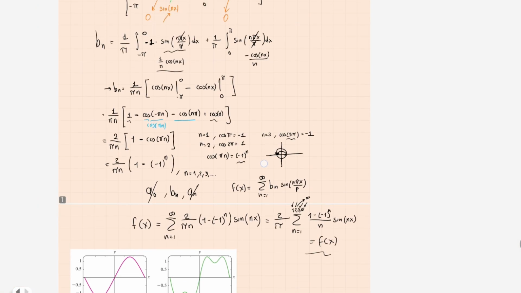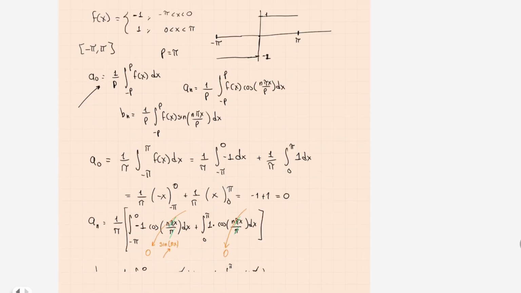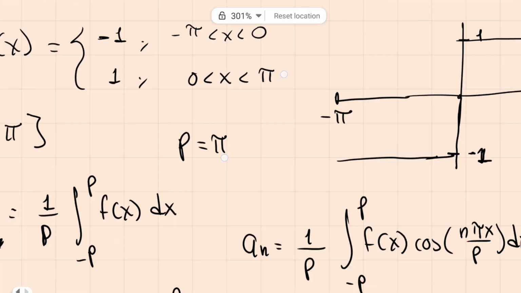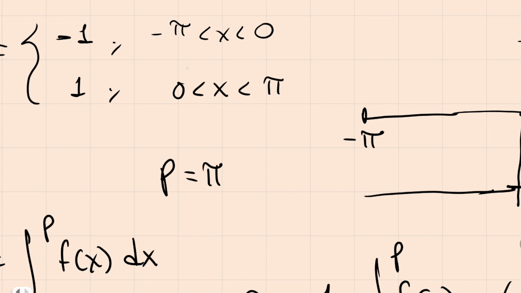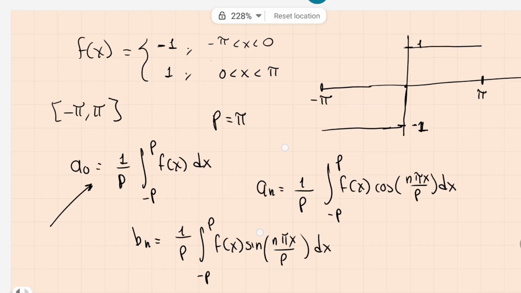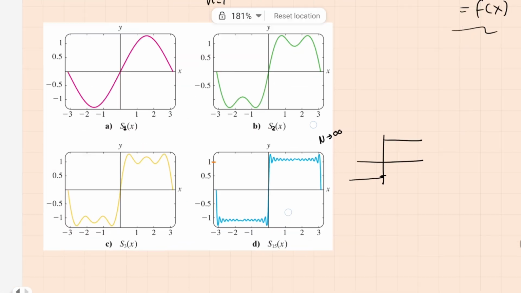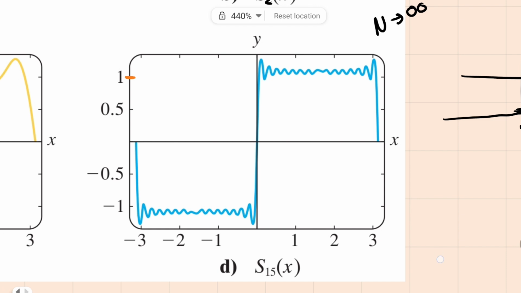Look here at the way we have defined the function f. It is not defined at x equals 0, x equals pi, and x equals negative pi. In those points the function is not defined. That means that we have discontinuities at x equals 0, x equals pi, and negative pi.